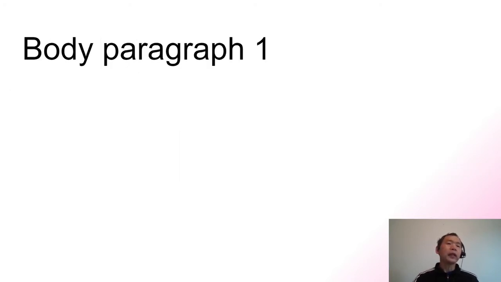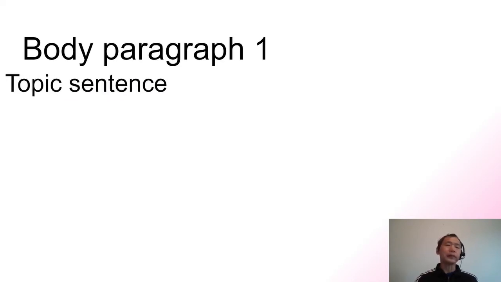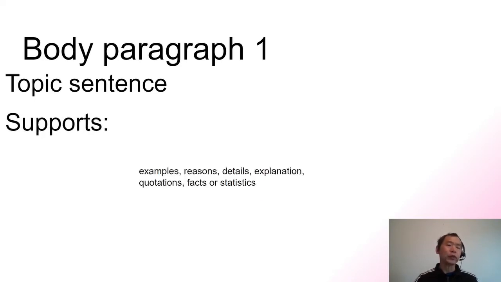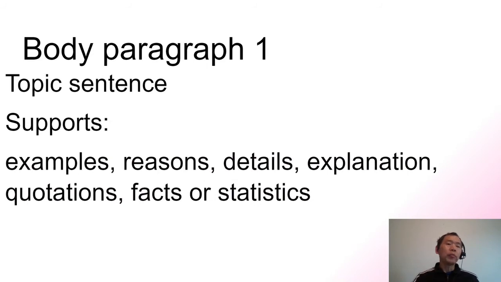Normally, in an essay, there are 3 body paragraphs. A body paragraph is a standard or typical 1 paragraph. First of all, you need to have the topic sentence, which means you tell the reader what your main idea in this paragraph is. Then you have the supports. In terms of the supports, there are different things that you can do.